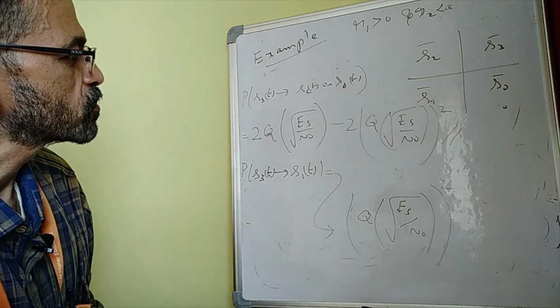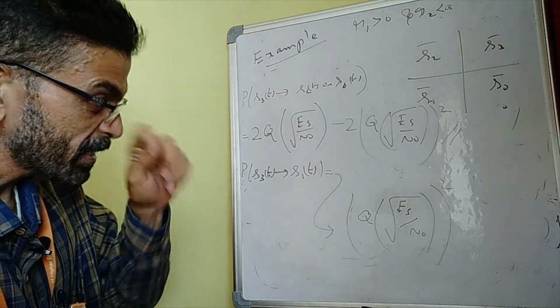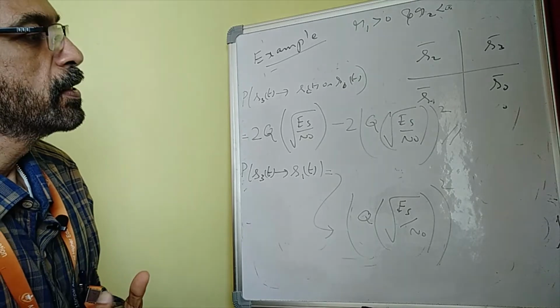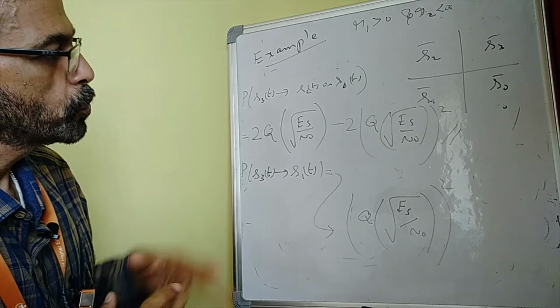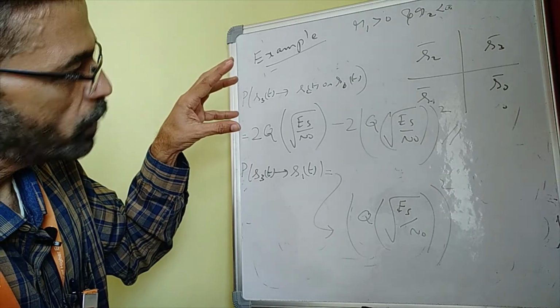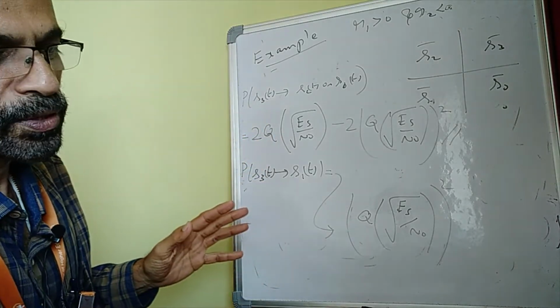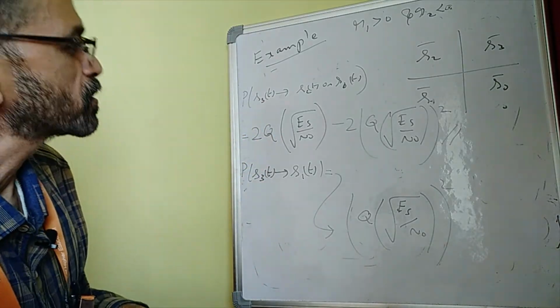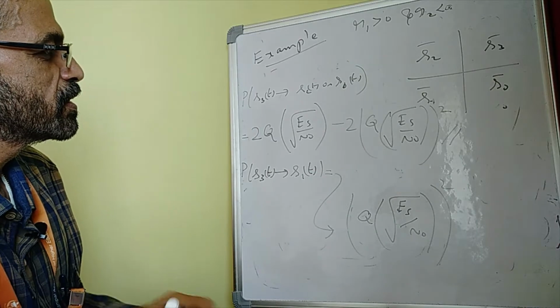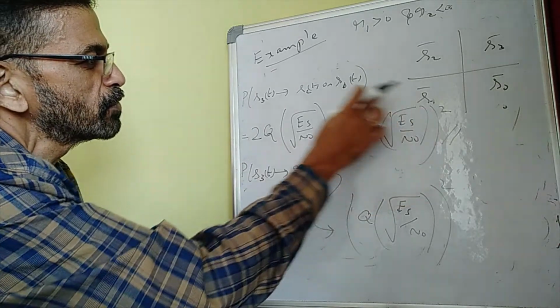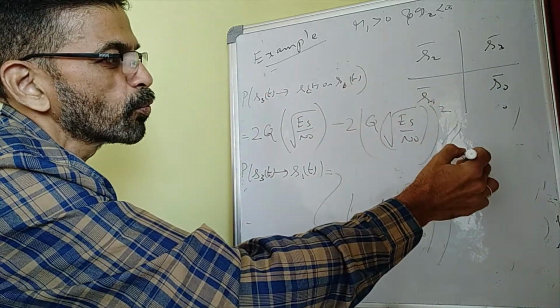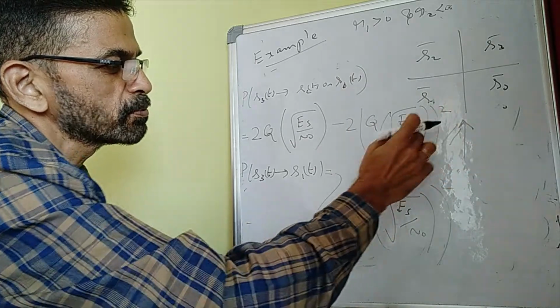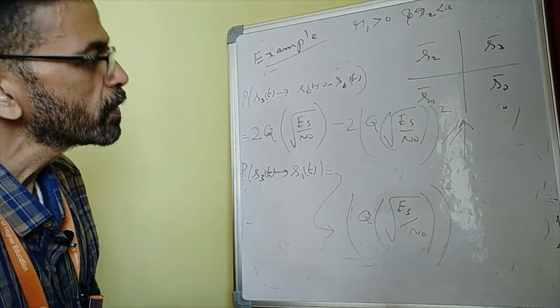What we can clearly see here, without much discussion, is that this probability will be more than this probability.